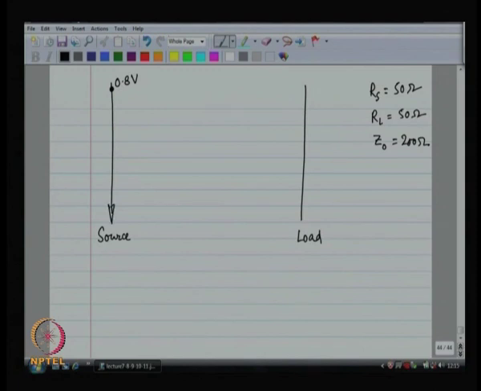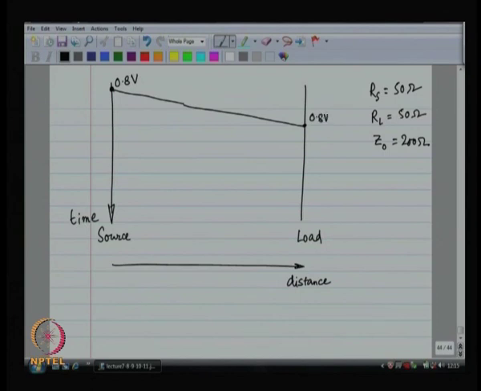Now, this is how we draw it. This wave V plus propagates over the wire, and it hits the load after its transit time, 1 second. 1 second later 0.8 volts hits the load, and then a portion of it reflects back, gamma times 0.8.